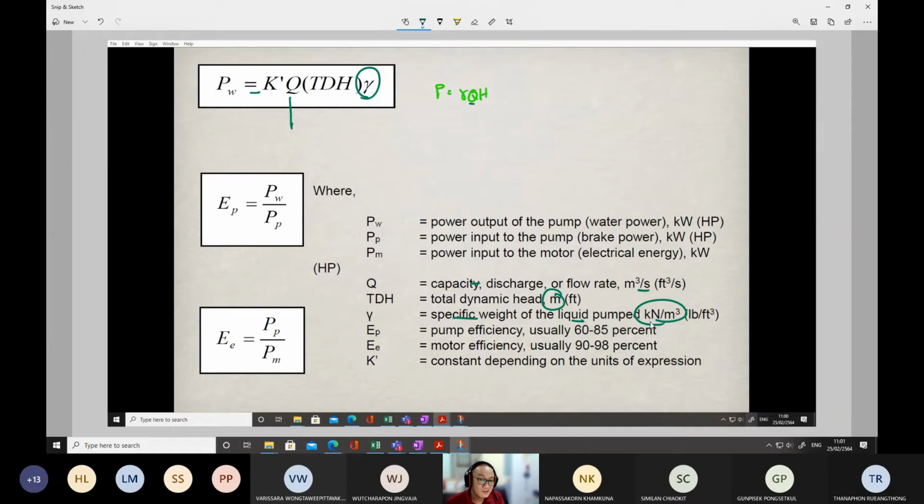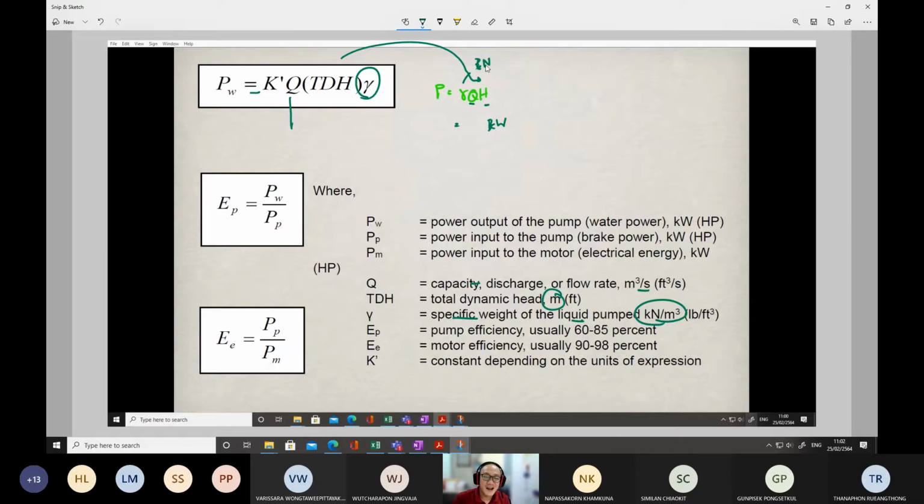But if you substitute kilonewtons, the power will be expressed in kilowatts. If it's just Newton, the power determined from this relationship will also be expressed in watts only. So H is the TDS.